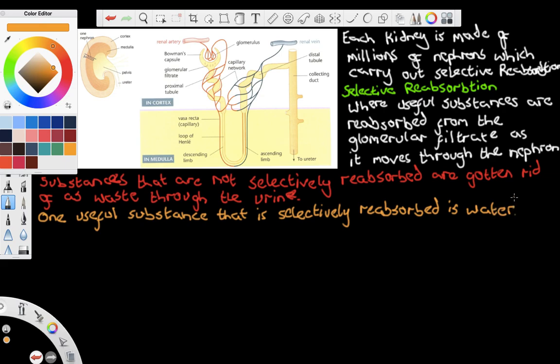Now, the amount of water that is selectively reabsorbed depends on the amount of water found in the blood. Essentially, it depends on the water potential of the blood. Okay?